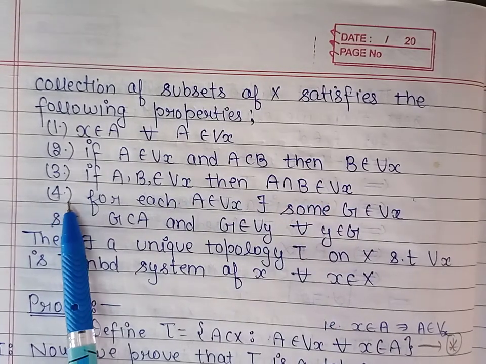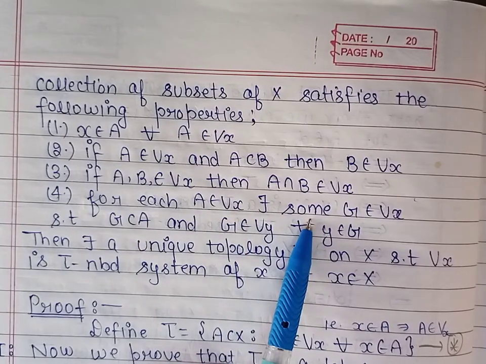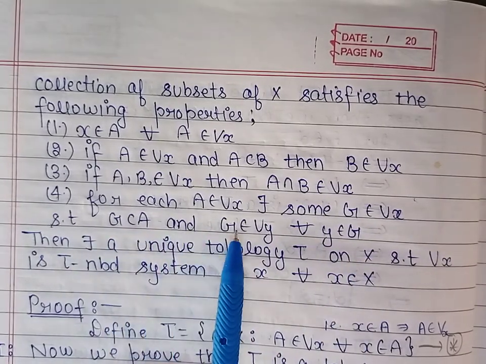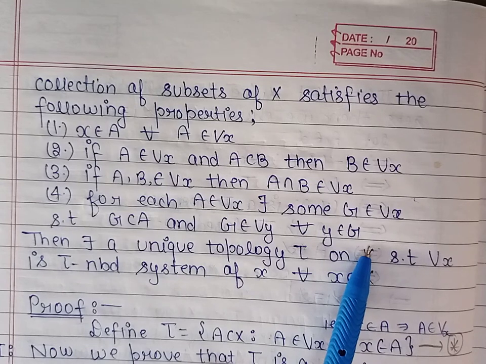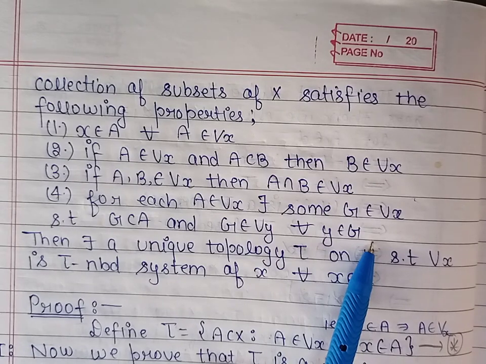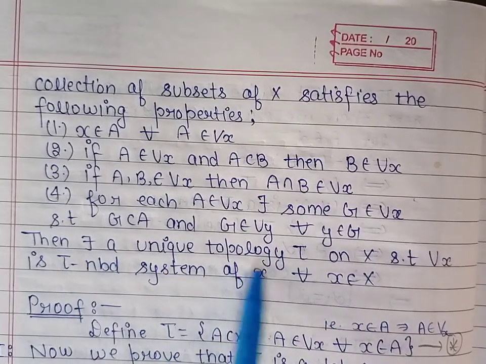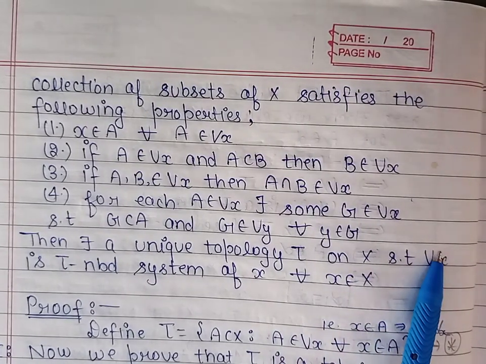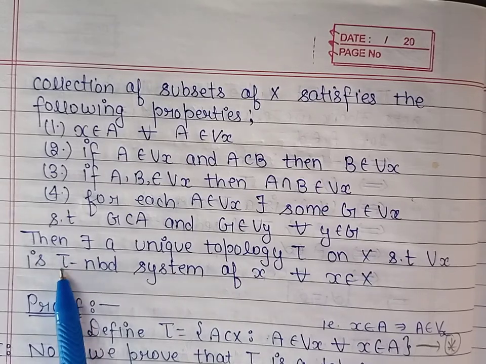And the last property we are given, for each member A belonging to the given collection, there exists some member G belonging to the same collection which is contained in A, and this G belongs to Vy for every y belonging to G. We are given these four properties of the collection Vx, and we are to prove that by using these four properties, there exists a unique topology tau on the given set X such that this collection Vx is nothing but the neighborhood system of the point x with respect to the topology tau.